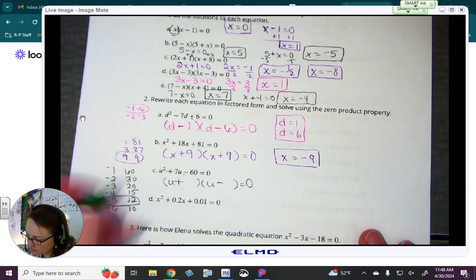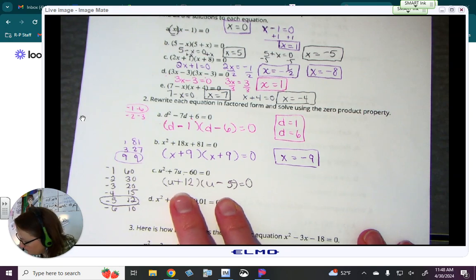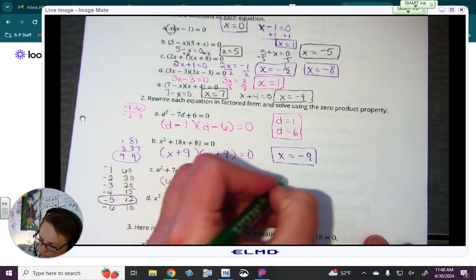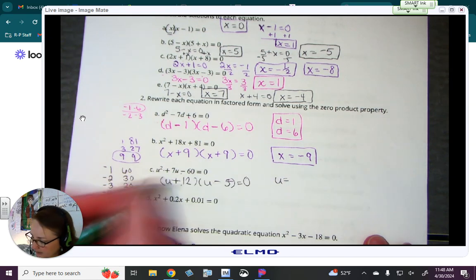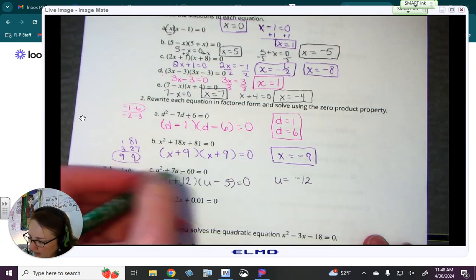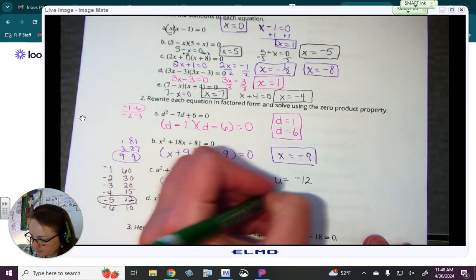So I need a positive 12 and a negative 5. That means my solution is, first of all, that u could be a negative 12 because negative 12 plus 12 equals 0, or a positive 5 because 5 minus 5 is 0.